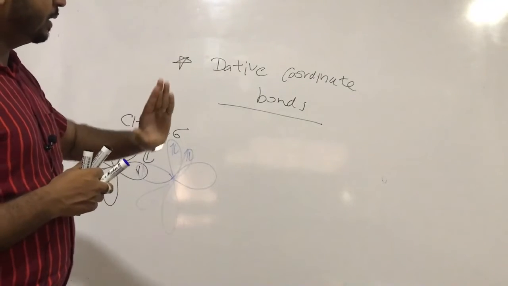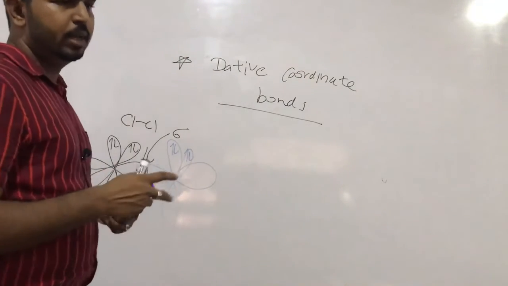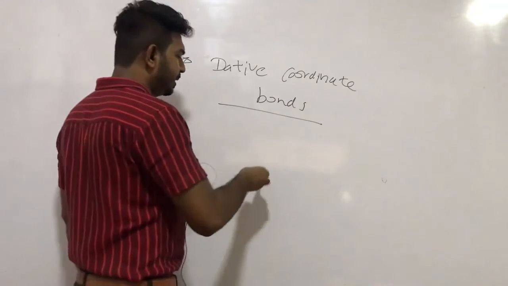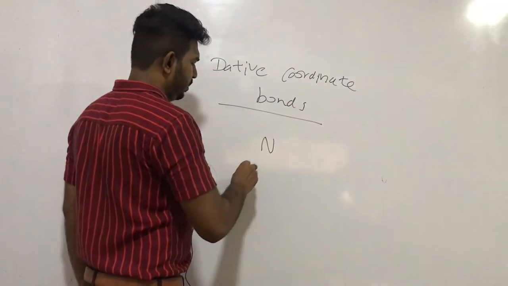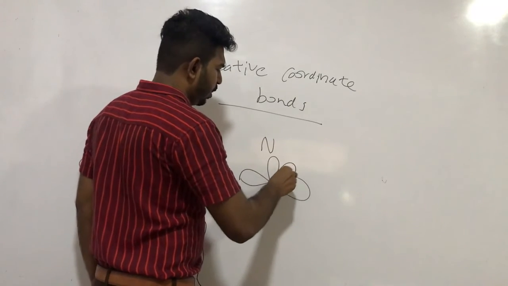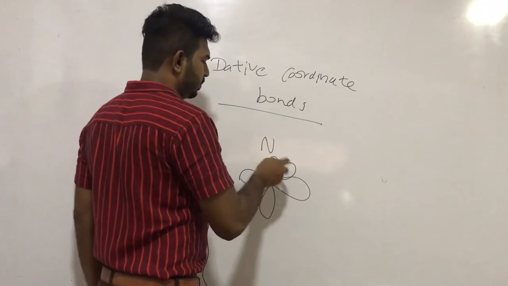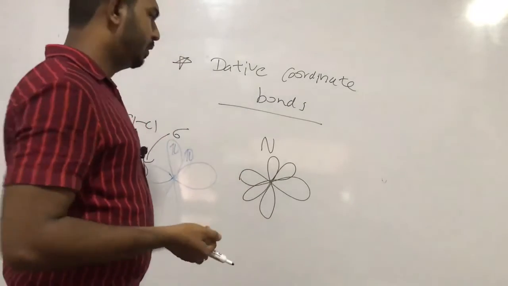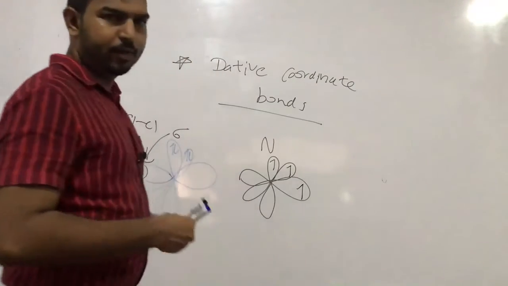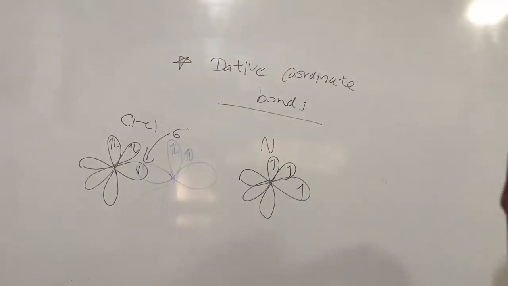Then we are going to look at this special type of dative coordinate bond. Let's assume there is an orbital of nitrogen. We know that there are 3 unpaired electrons.